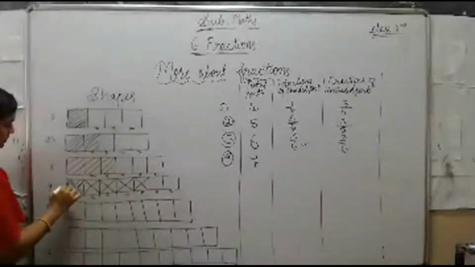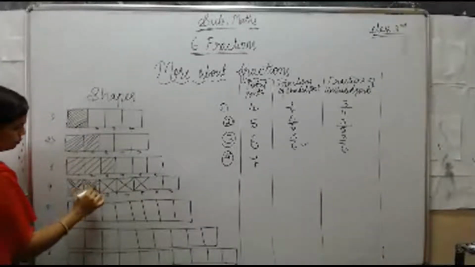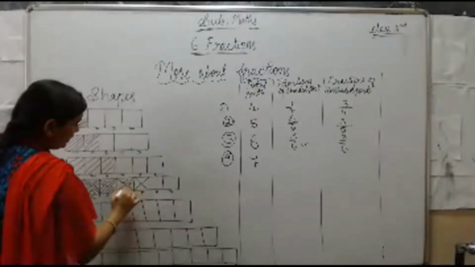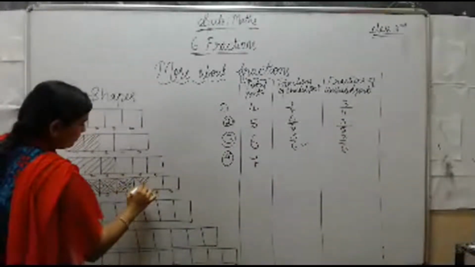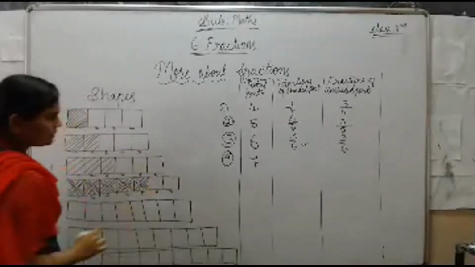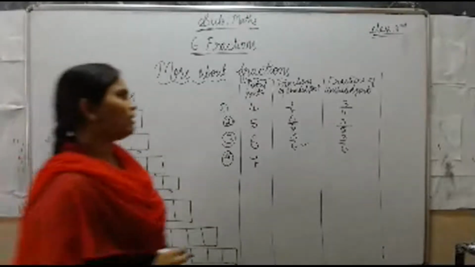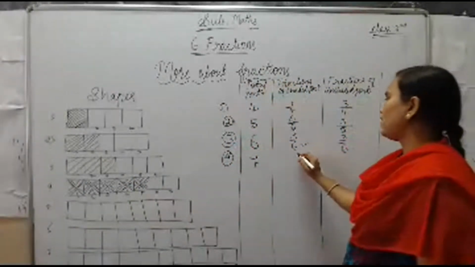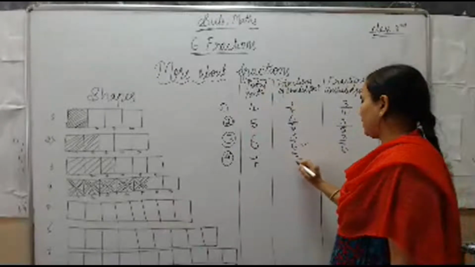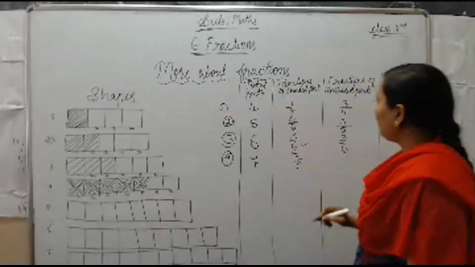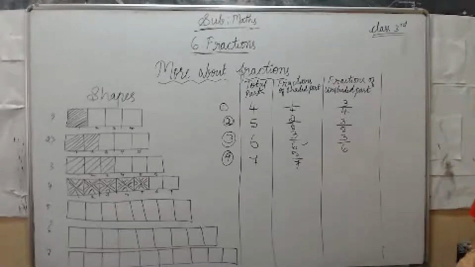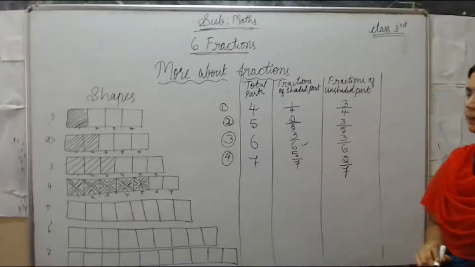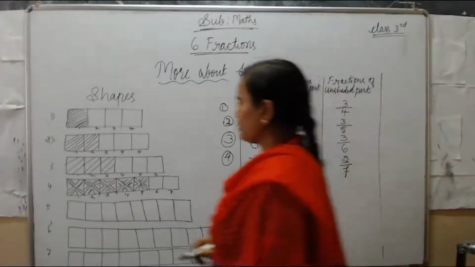How many parts am I shading here? 4 and 5. Let's write the fractions. Here, fractions of shaded parts. How many parts are shaded? It's 5 by 7. Here, fractions of unshaded parts. It's 2 by 7. Okay. Next, fifth shape.